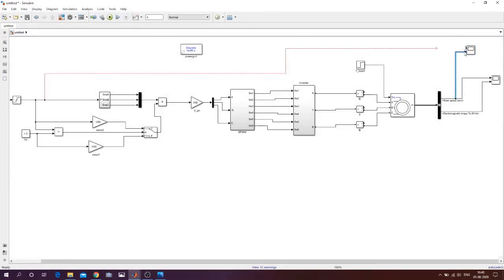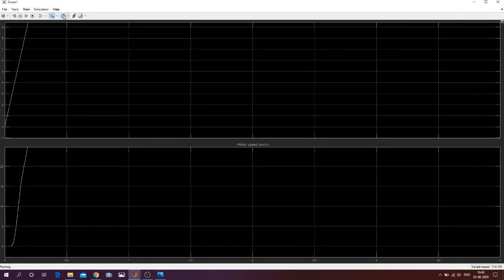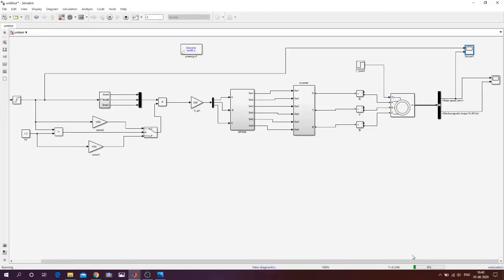The upper part is the command that we are giving, and the lower part is the speed at which the motor is behaving. It is now only 3.8. Let us spend some time till the motor gets to a stable value.